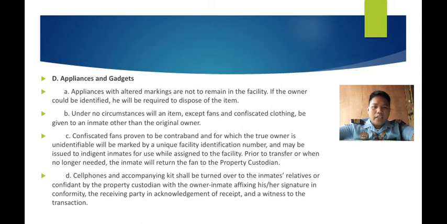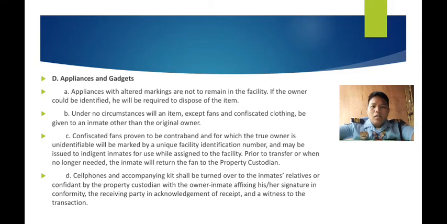C. Confiscated funds proven to be contraband and for which the true owner is unidentifiable will be marked by a unique facility identification number and may be issued to indigent inmates for use while assigned to the facility prior to transfer. When no longer needed, the inmate will return the fund to the property custodian.